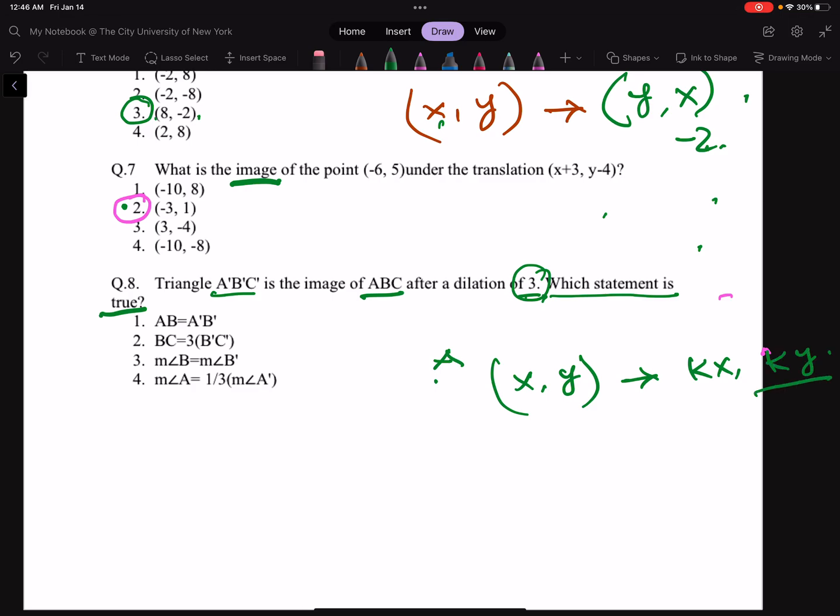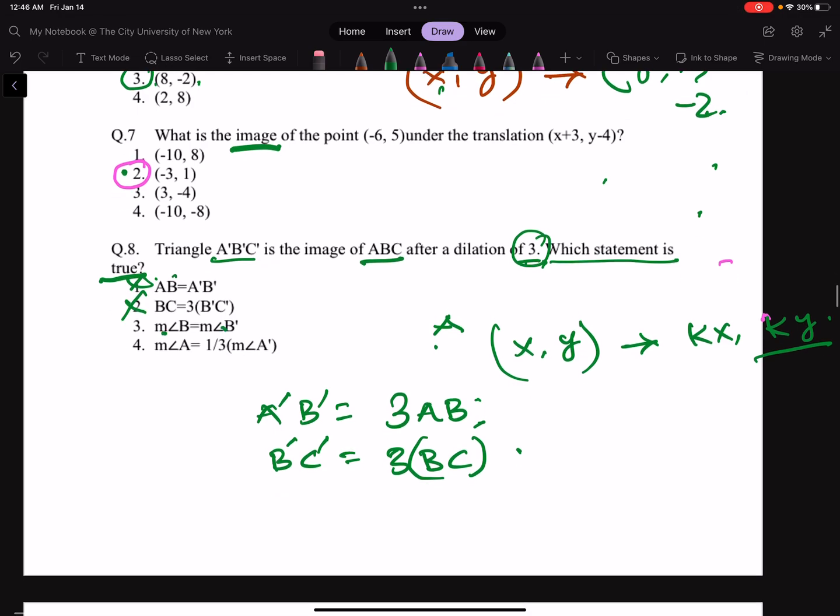So in terms of the sides, if it is AB, then A prime B prime should be 3 times that. And if it is BC, then B prime C prime should be 3 times BC. Now the question is, there is an angle.